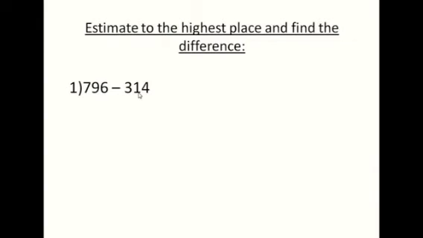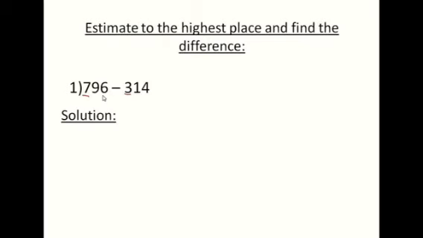So start working with me. We will underline the highest place. Work with me. Have you done it? For 796, 7 is sitting in the 100 place, so it is the highest place. For 314, 3 is sitting in the 100 place, so it is the highest place. Let's start the solution. Now write: 796 estimated to the nearest 100 place.